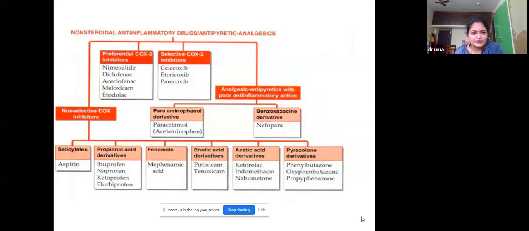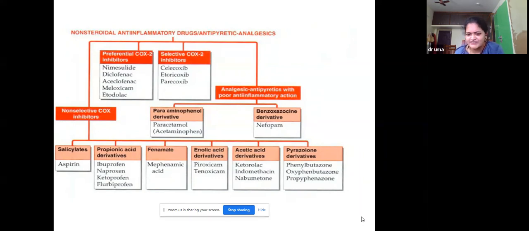And the non-selective groups include salicylate, aspirin; propionic acid derivatives: ibuprofen, naproxen, ketoprofen, and flurbiprofen. Phenamate is mefenamic acid. Enolic acid derivatives are piroxicam and tenoxicam. The importance of this group is they are the longest acting NSAIDs because they undergo enterohepatic circulation.